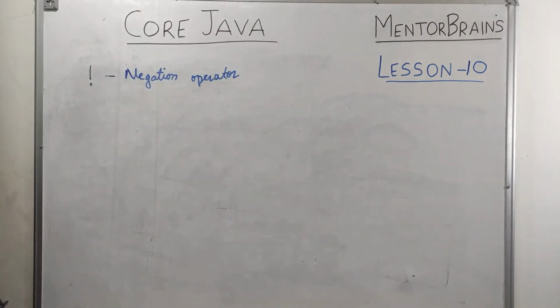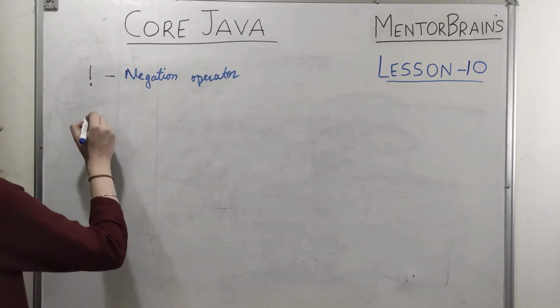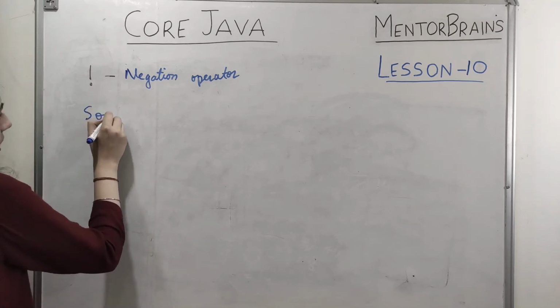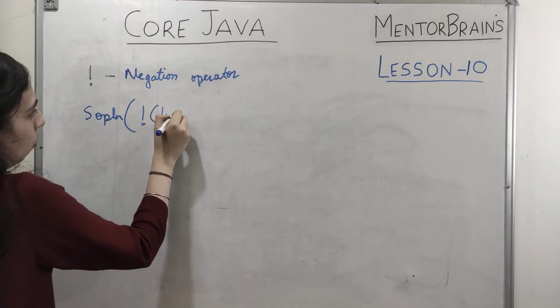Okay, so negation operator, as the word negation means, it is just giving the reverse result, inverse. So if I'm writing system.out.println SOPLN, putting the negation operator and writing true.